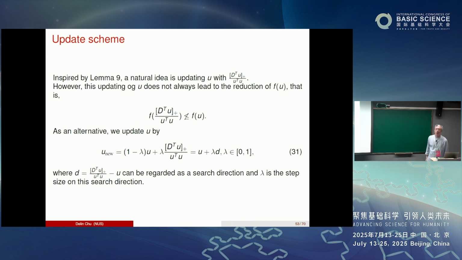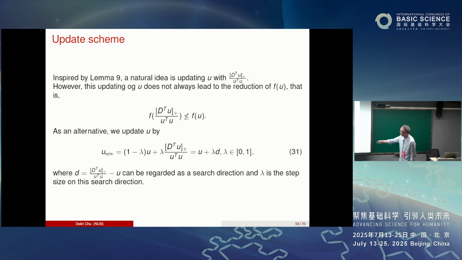Well, then what can we do? Motivated by the gradient descent method, we consider the convex combination of the original U and this new vector. This step is from the idea of the gradient descent method.